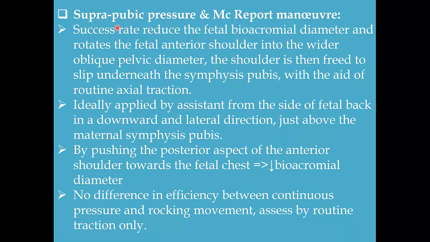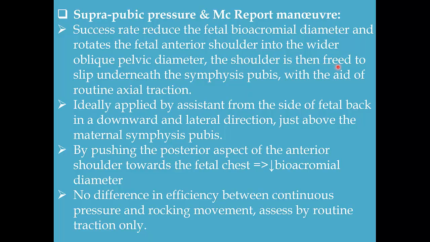So what is suprapubic pressure or Rubin 1? If you do the combination of suprapubic pressure and McRoberts, the success rate is more than 90%. Suprapubic pressure reduces the fetal bisacromial diameter, so it facilitates delivery of the shoulder, and in McRoberts we said it straightens the lumbosacral angle. It also rotates the fetal anterior shoulder into the wider oblique pelvic diameter.